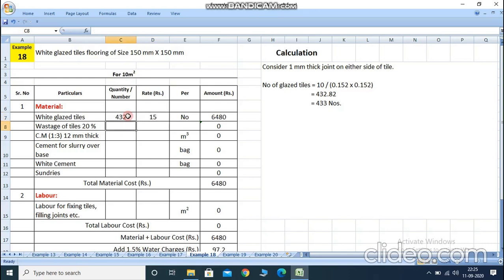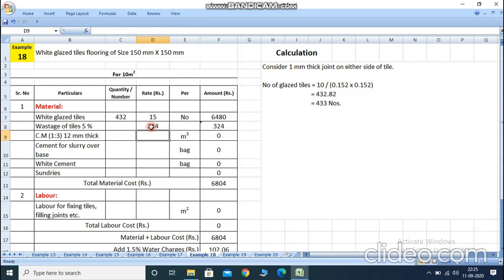For wastage of the tiles we take 5% wastage. Clear? So 6480 multiplied by 5% gives 324. So 324 is the 5% wastage of the tiles.